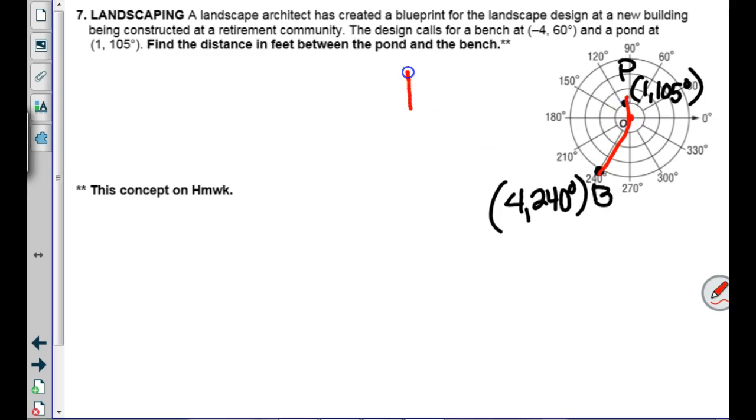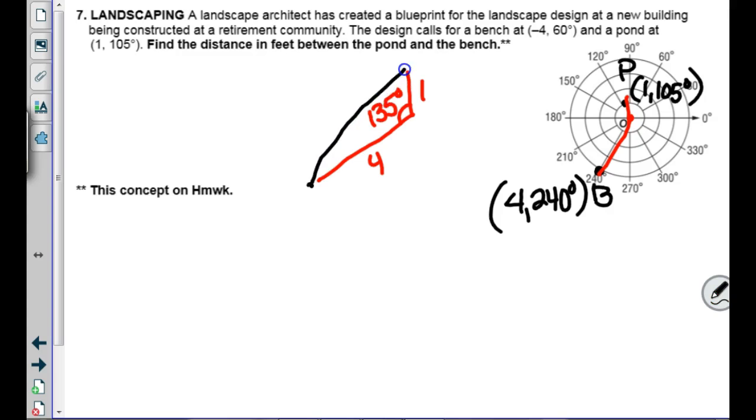So this is what I have going on. It looks like this. This is 4 units long, and this is 1 unit long. What is the angle in here? From 105 around to 240 would be how much? 135.